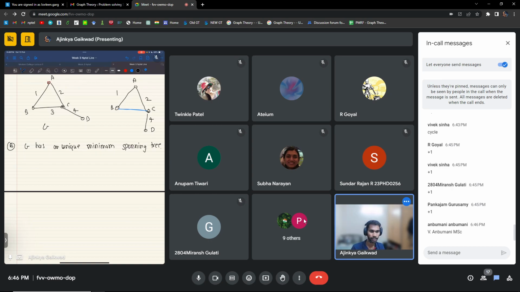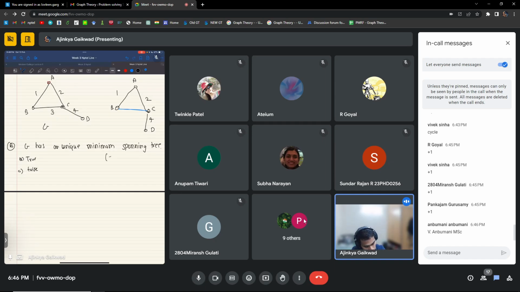Okay, so basically assume that you are given a graph G where all the edge weights are distinct. Now, is it true that G has a unique minimum spanning tree? So you have to first tell me whether it is true or false. If you think this is true, give me some idea as to why. And if you think it is false, give me some counter example.